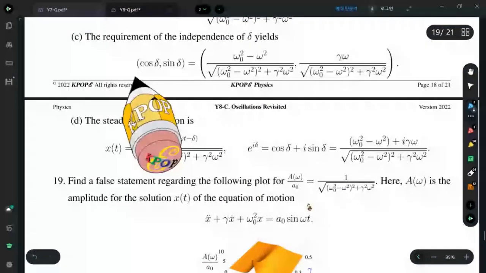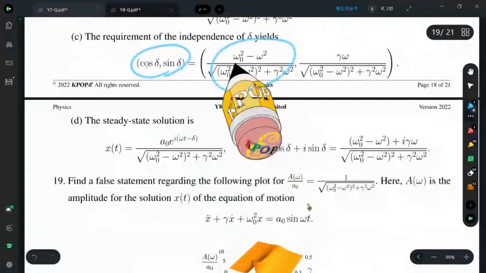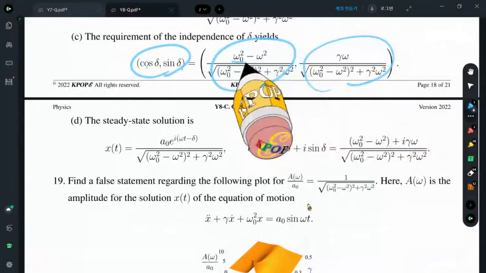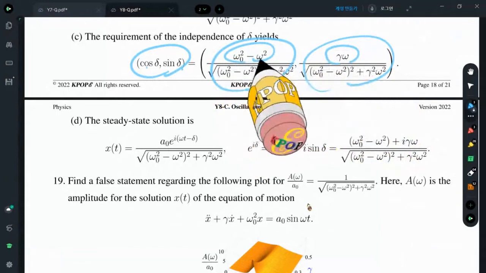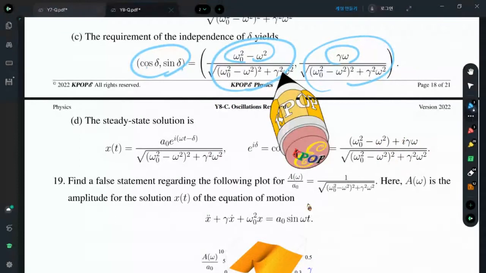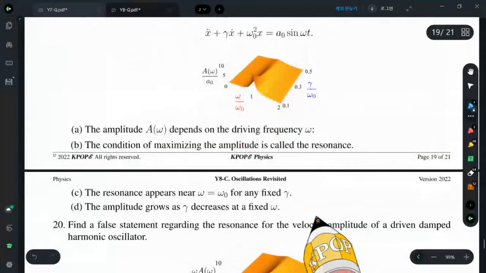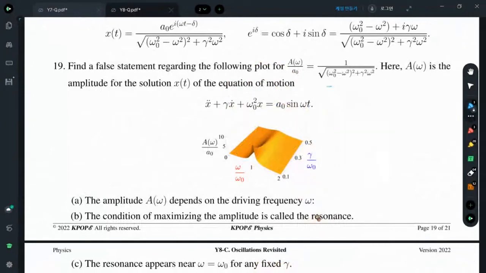And the final solution is this cosine and sine must have a real part and imaginary part, and the denominator is just nothing but the sum of these squares, and we have taken the square. Therefore, the amplitude of the particular solution for the displacement has this kind of shape.